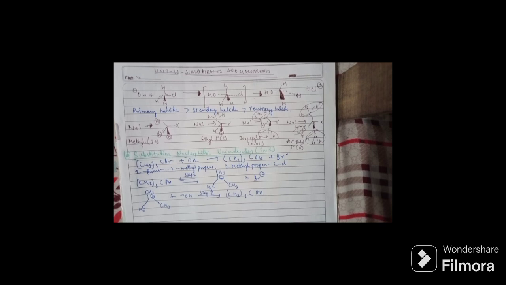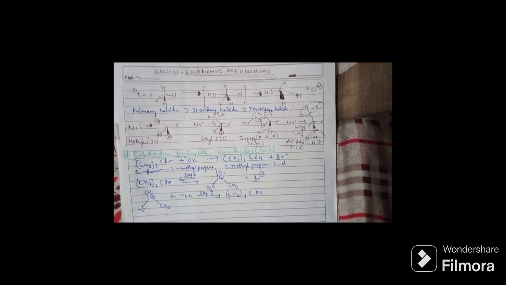Step 1 is the slowest and reversible. It involves the carbon-bromine bond breaking, for which the energy is obtained through solvation of the halide ion with the proton of a protic solvent. Since the rate of the reaction depends upon the slowest step, the rate depends only on the concentration of alkyl halide and not the concentration of hydroxide ion.